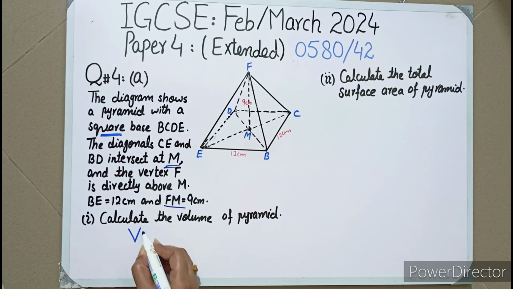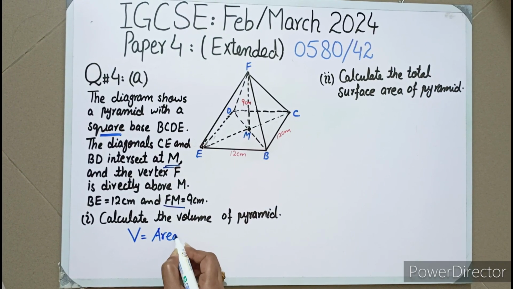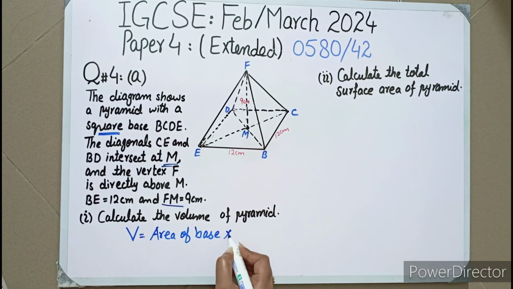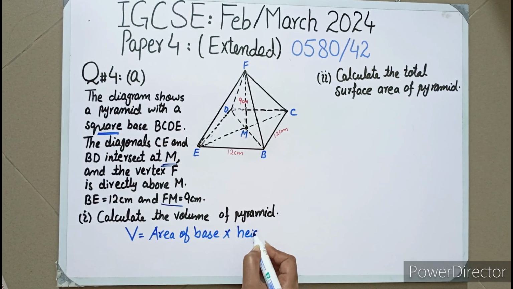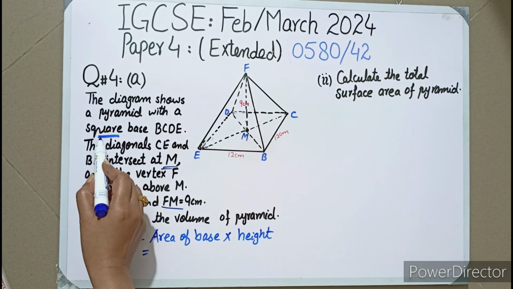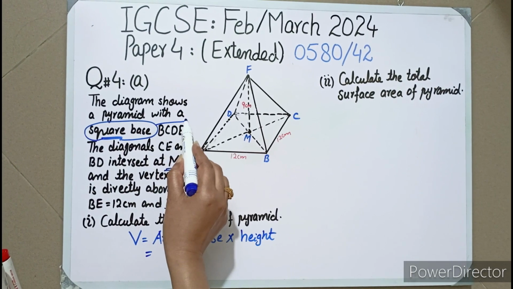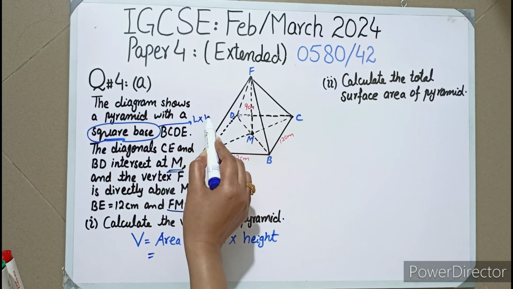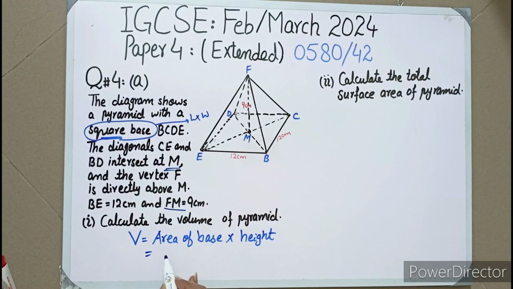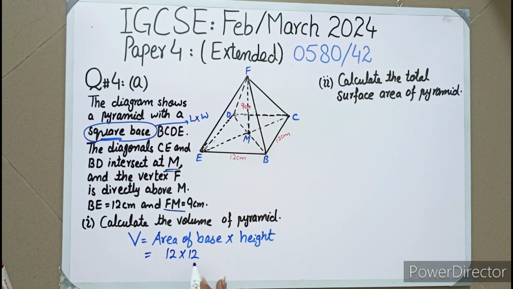The formula for the volume of a pyramid is one third multiplied by the area of the base multiplied by the height. From the statement, it is very clear that it is a square base, and we all know the area of a square is length into width. So you have to substitute the value over here as 12 multiplied by 12.